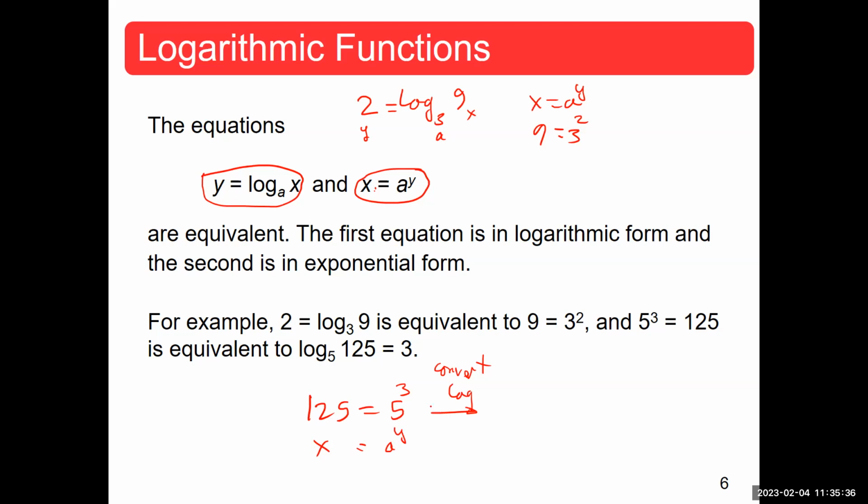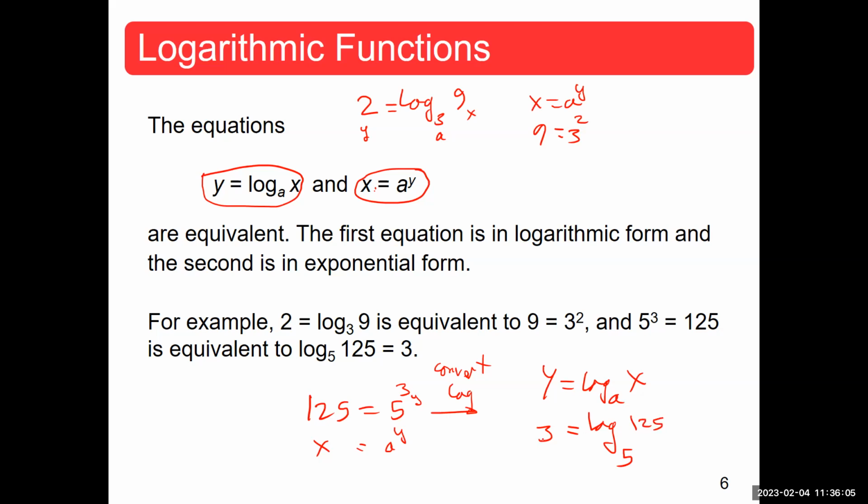So based on that, when I'm going to write y equal log base a of x, how much is y? Y is 3. How much is the a? A is 5. How much is the x? 125.